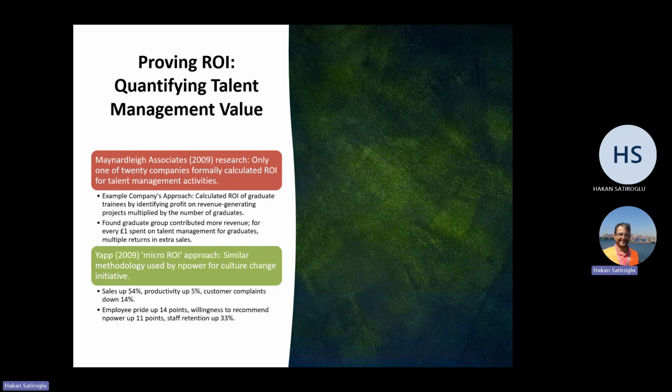A similar methodology was used by Empower for a cultural change initiative. Sales were up 54%, productivity 5%. Customer complaints were down 14%. Employee pride was up 14 points. Willingness to recommend Empower was up 11 points. Staff retention was up 33%.